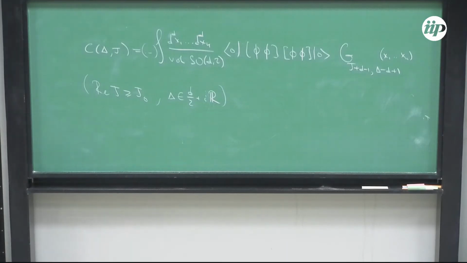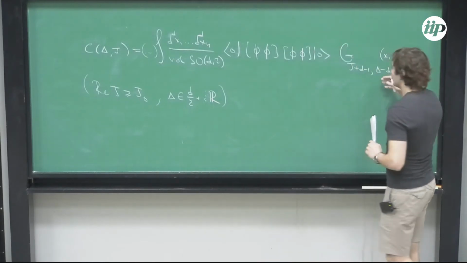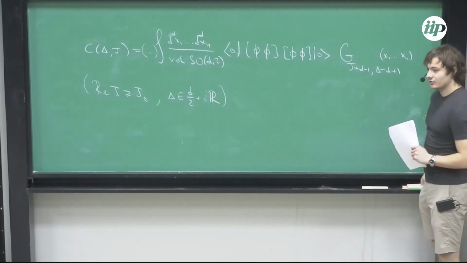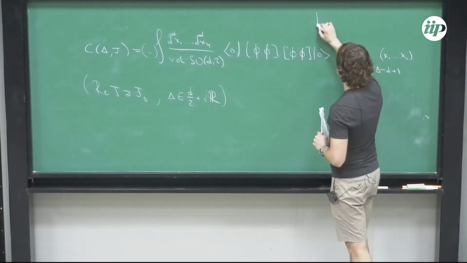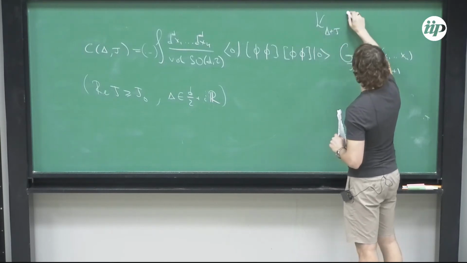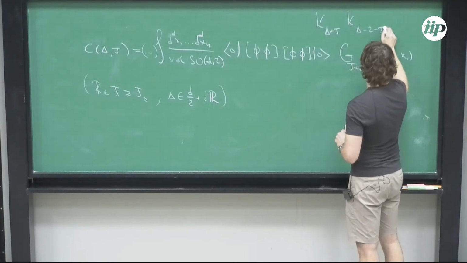It's true for all conformal blocks, but it's easiest probably to see in 4 dimensions. In 4 dimensions, you have these k functions, and there is a product of 2 k functions. One is k of delta plus j, and another is k of delta minus 2 minus j.